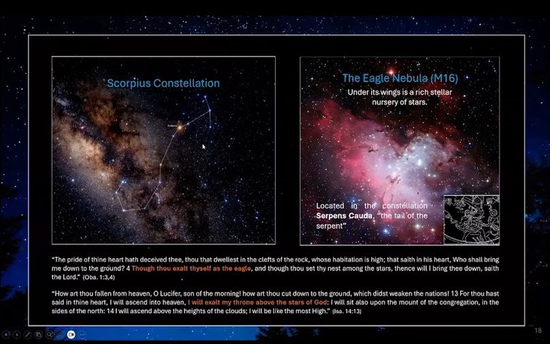Now Ophiuchus is holding up the serpent, and in the tail of the serpent there is what they call the Eagle Nebula. It's a nickname, M16. And then under its wings is a rich stellar nursery of stars.